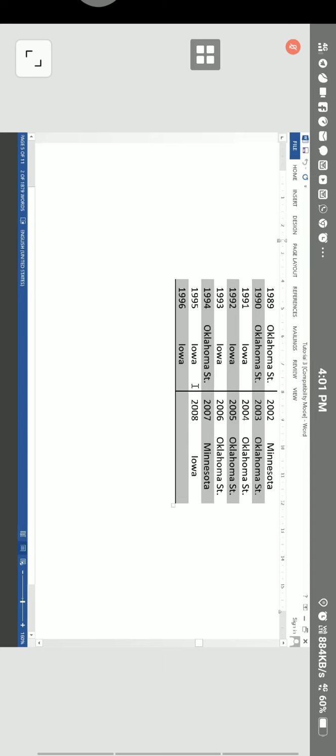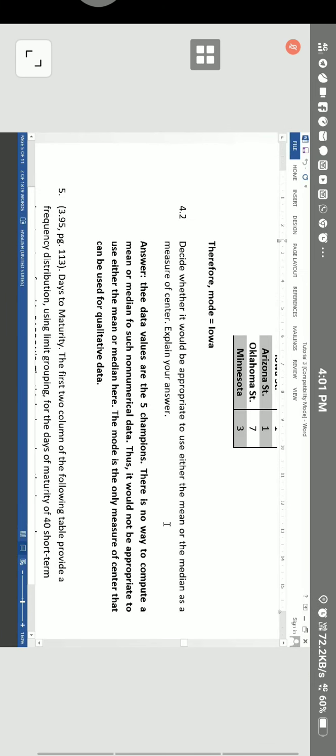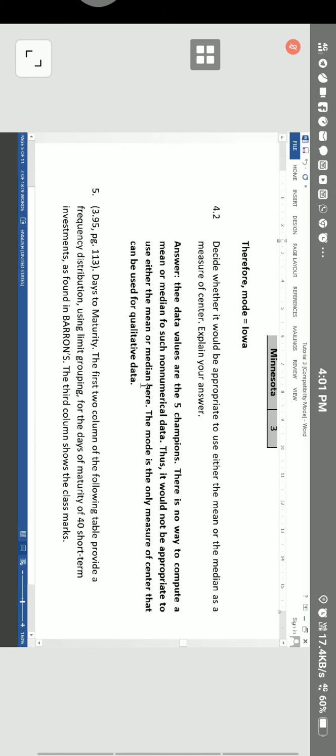And then whether it would be appropriate to use either the mean or median as a measure of center. If you look at these, you have 5 ungrouped data. So this is qualitative data. The data values are 5 champions. There is no way to compute a mean or median for such non-numerical data.